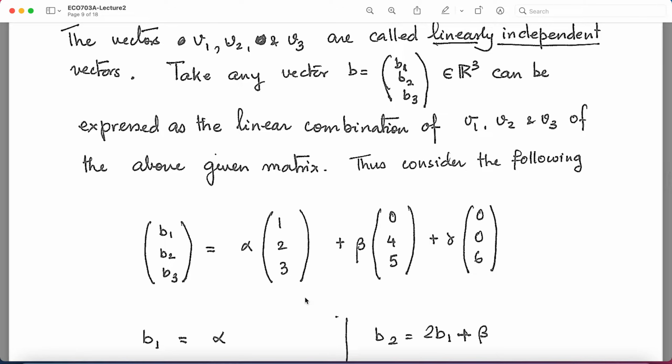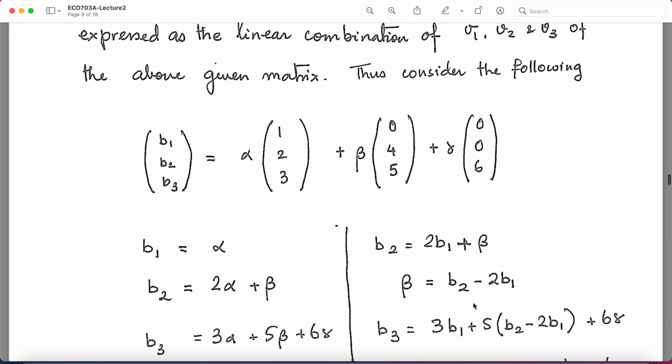Here I have 3 equations in 3 unknowns, so the number of unknowns equals the number of equations, and corresponding to every B there will be a unique alpha, beta and gamma which solves this equation. So, in that sense we say that these 3 vectors span the whole R3, and these are called basis vectors of R3, one of the sets of basis vectors of R3.